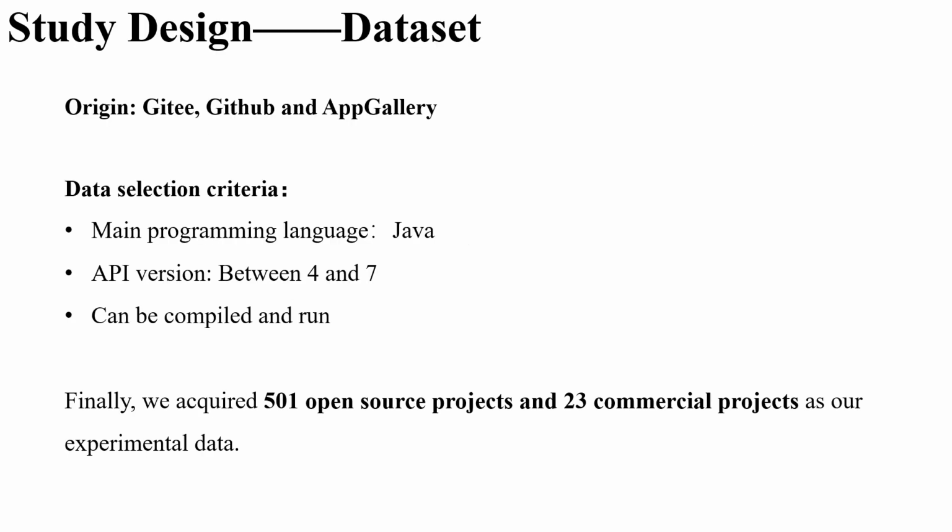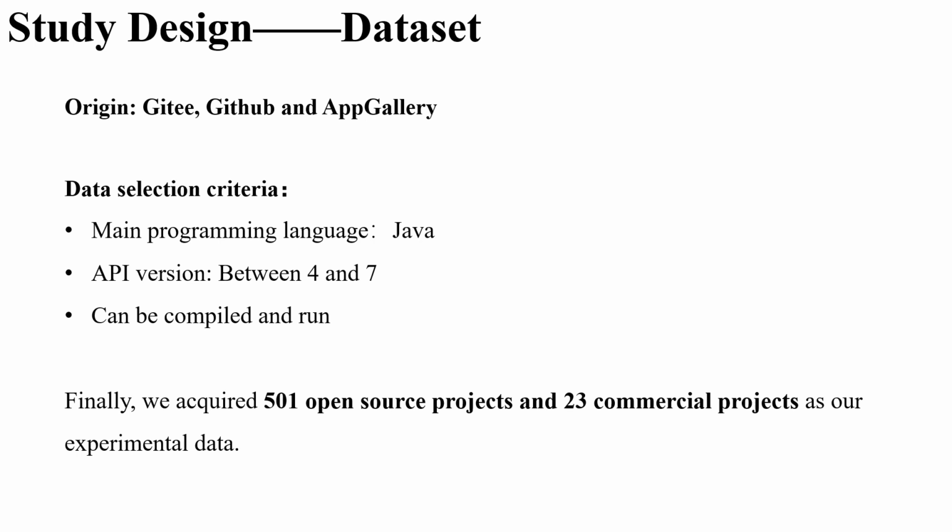To verify the effectiveness of our tool, we crafted 3 research questions. However, before diving into them, a credible dataset is paramount. We opted to source HarmonyOS open source projects from Git and GitHub and commercial HarmonyOS projects from App Gallery. The criteria of our selection were clear-cut.